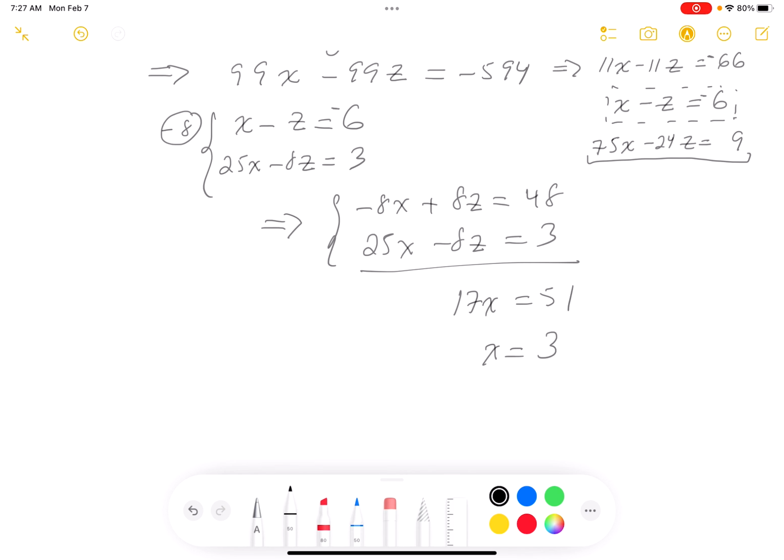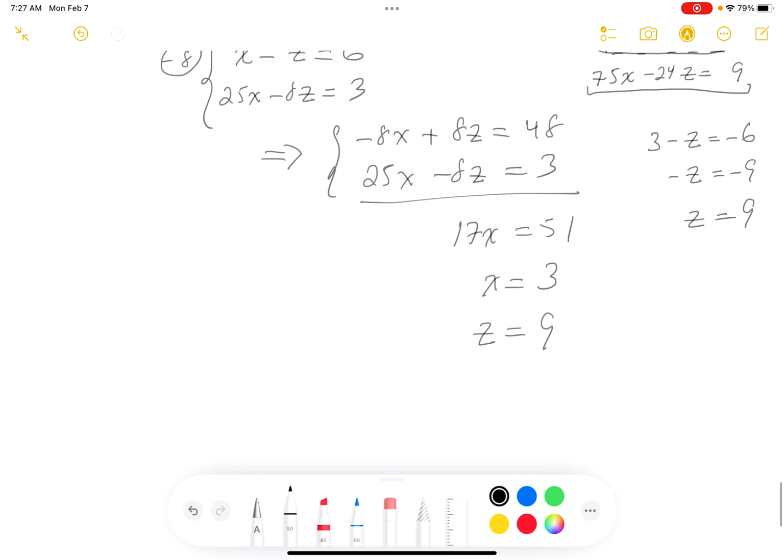Now, by the way, I'm not saying I'm there yet, but I certainly know what x is. Do I know what z is? And I do. Just look at this. If x is 3, I'll write this over here. Well, minus z would equal minus 9, so z would equal 9. I'll write that down. Certainly very reasonable, by the way.